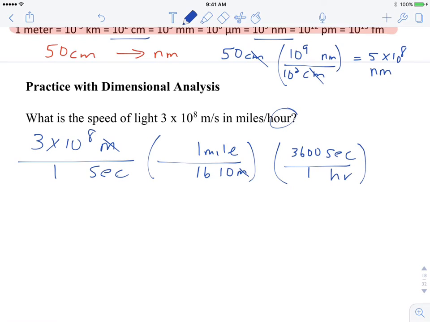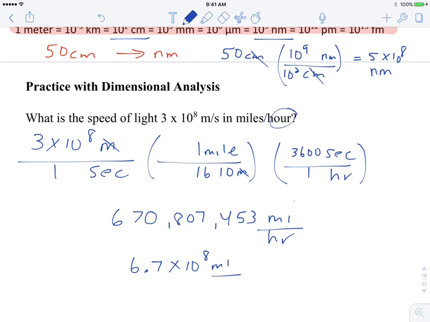And I get 670,807,453 miles per hour. It's a lot of miles per hour. Speed of light. Cosmic speed limit. If I put this into scientific notation, 3, 6, 7, 8, I have 6.7 times 10 to the 8th miles per hour.